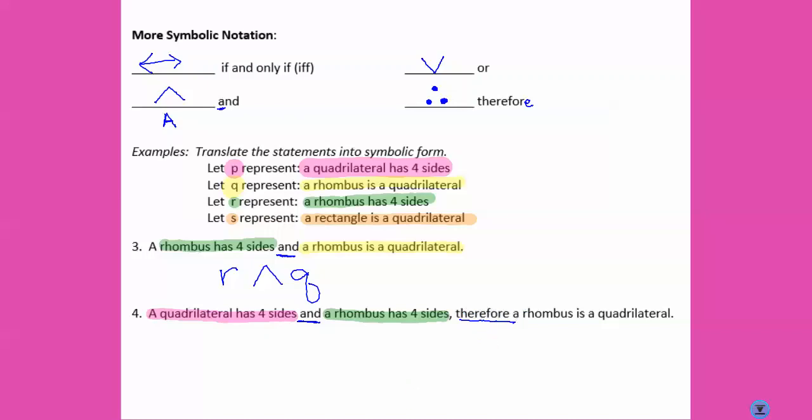Therefore, a rhombus is a quadrilateral. So when we have therefore, we're going to write it in a second line. So our first line would be P and R, and then underneath it, therefore Q.